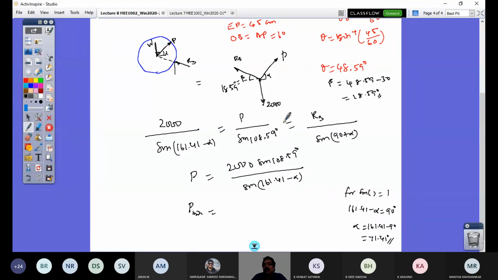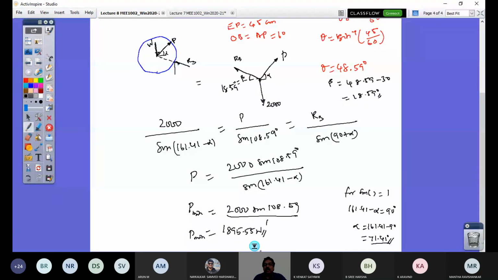So alpha, the direction of P here, should be 71.41 degrees to have a minimum value. So that is 2000 sine 108.59 by 1. So it is 2000 into sine 108.59. That's equal to 1895.55 Newton, which is the minimum force required.